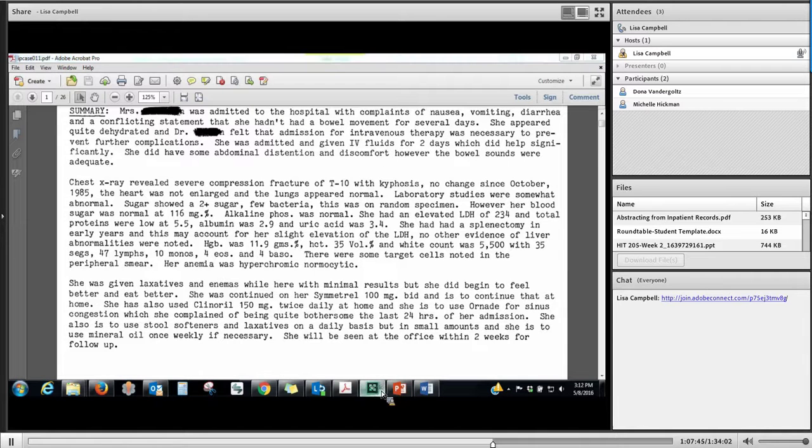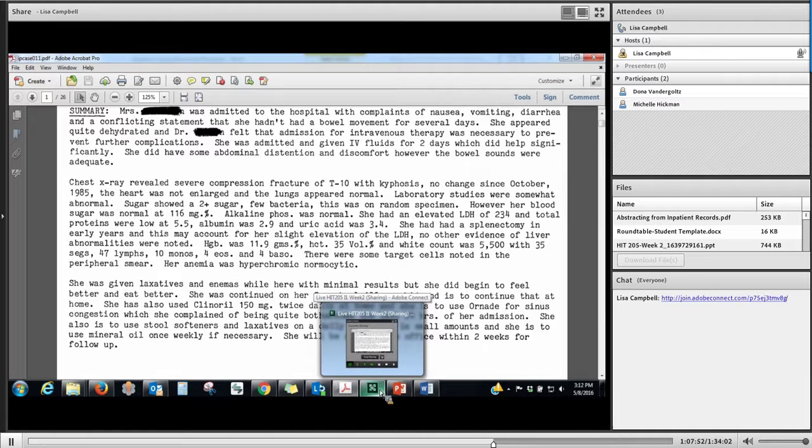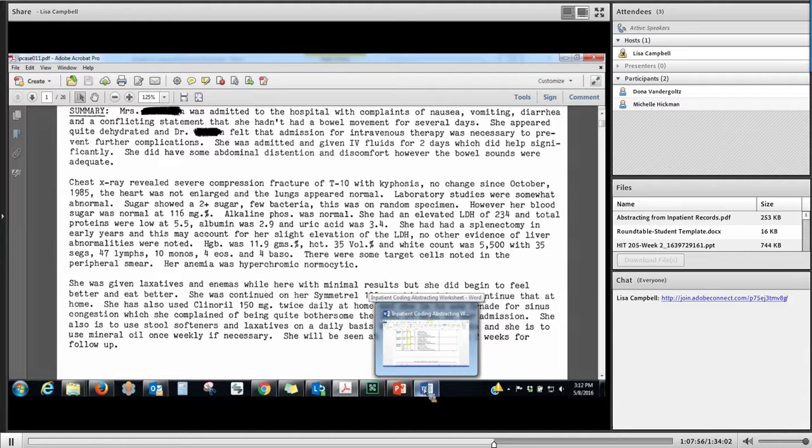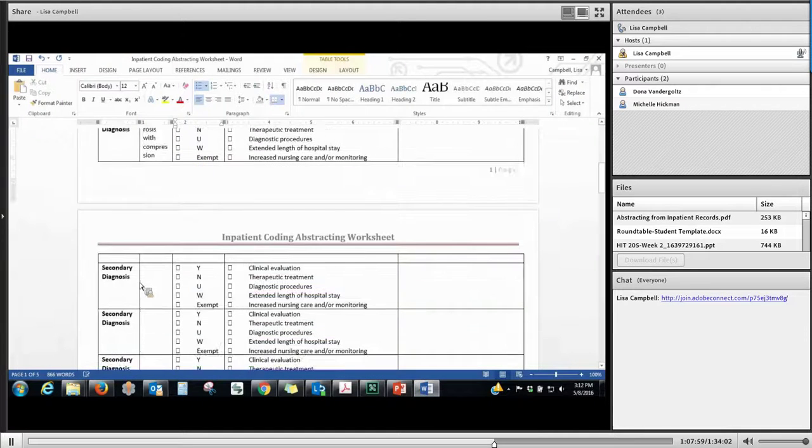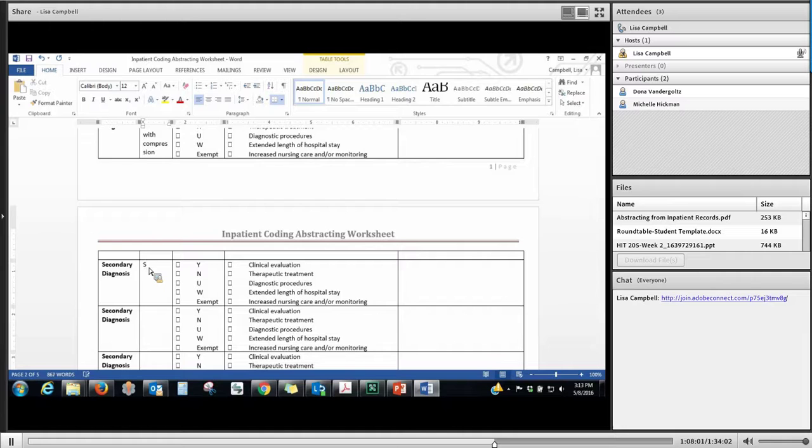Now, there are some status codes, Z codes, that we could pick up that show the splenectomy status. So I'm going to type it out here.